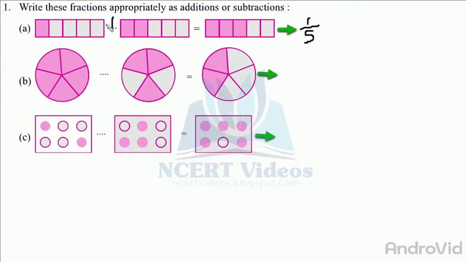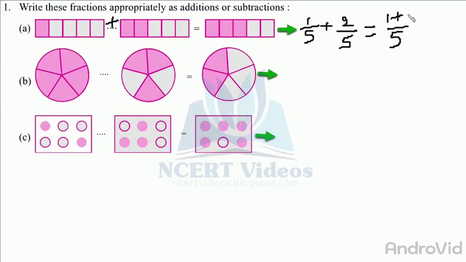So what we have in the first case, 1 is shaded in the first part. When it is added up with the 2 other shaded parts, it gives us 3 shaded parts as shown in the figure. So 1/5 plus 2/5. That means 1 part out of 5 and 2 parts out of 5 gives you how much? 3 out of 5. You can also take the LCM here.